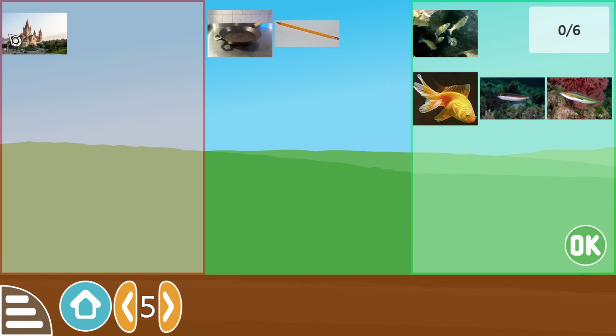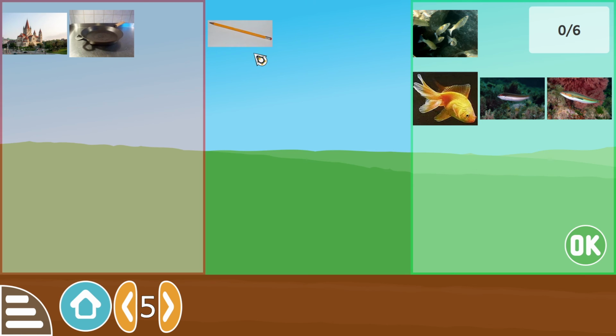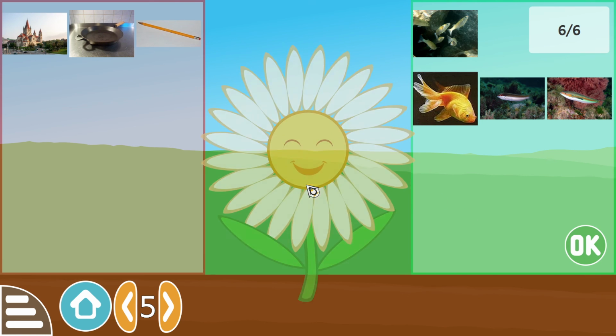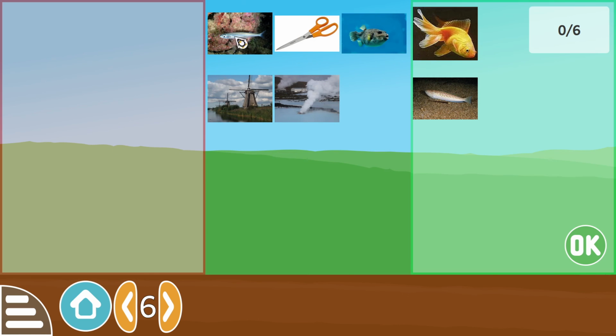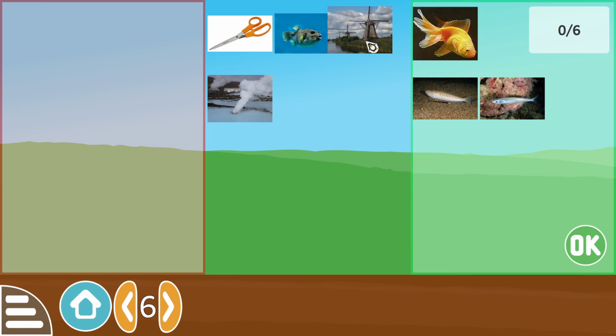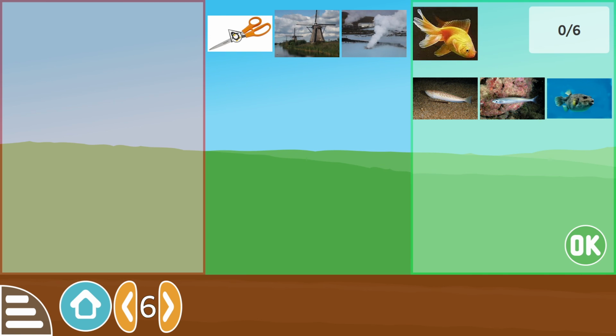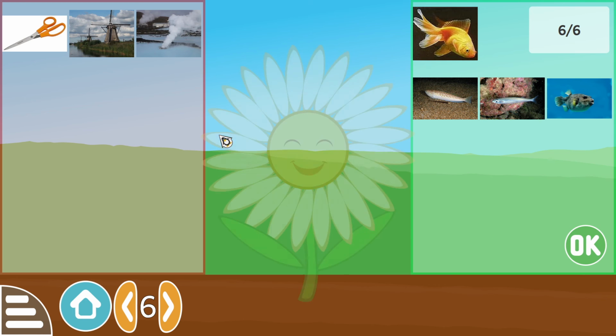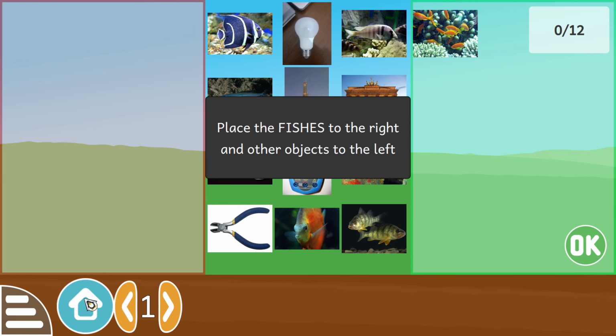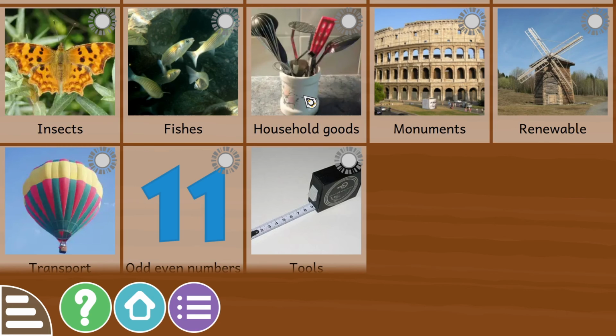Then there's what I think is a church, but it's a building. Fry pan and pencil. Definitely not fish. So we've got 3 fish. Whoops. 3 fish again. Scissors, windmill, and geysers aren't. And that ends up, that's the fish.